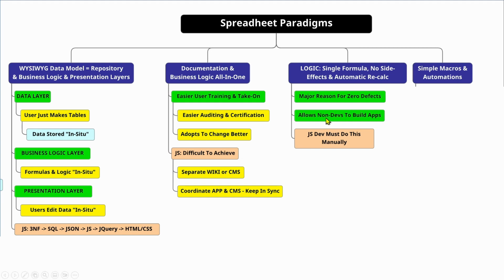It allows non-developers to build sophisticated business logic in a way that's easy for them to understand. Whereas in the programming world, the developer is responsible for manually making sure that everything gets calculated at the right time and in the right sequence and gets recalculated again whenever anything changes.